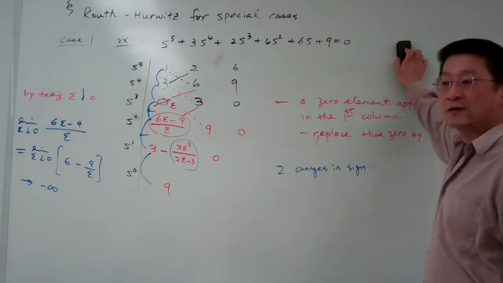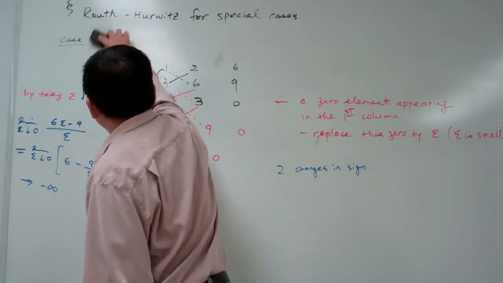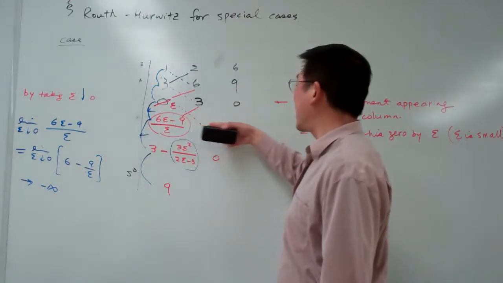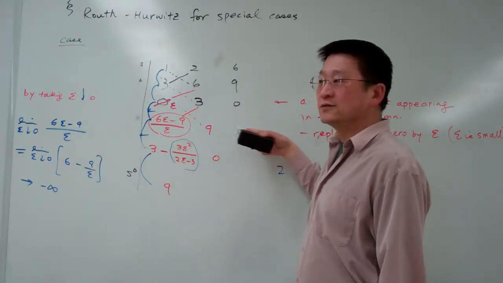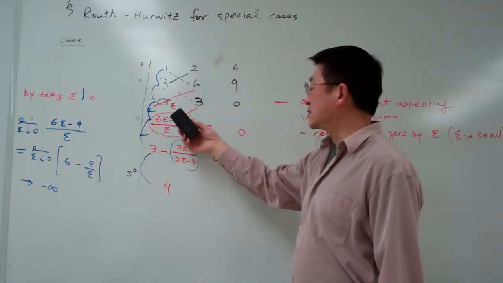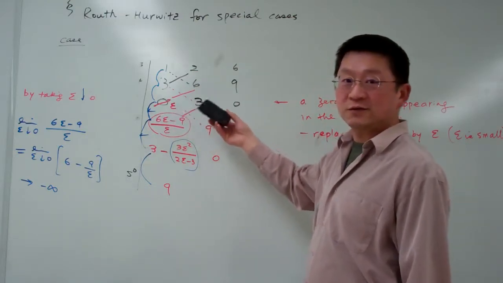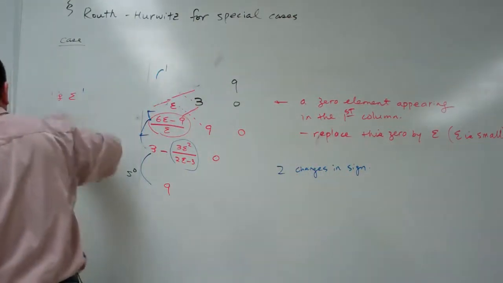Okay, I'm going to erase these portions. The second case is when the entire numbers become 0. So during our derivations, in certain places, the entire row becomes 0. So that is the second case.